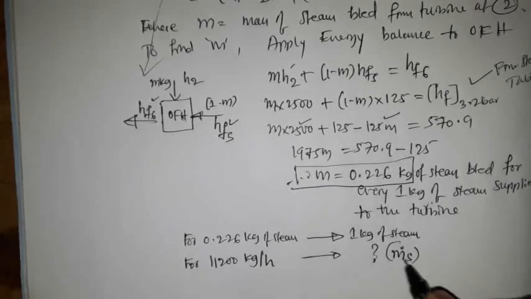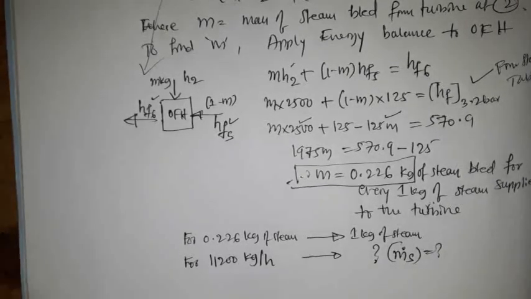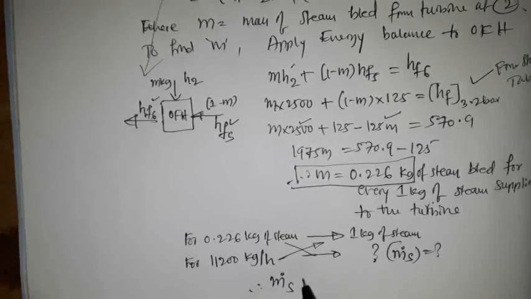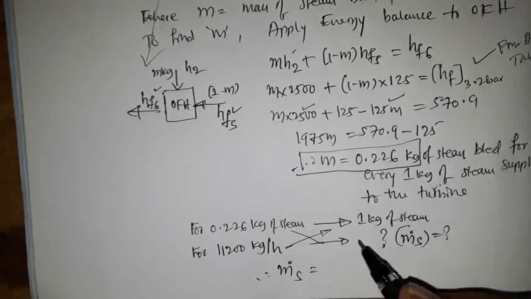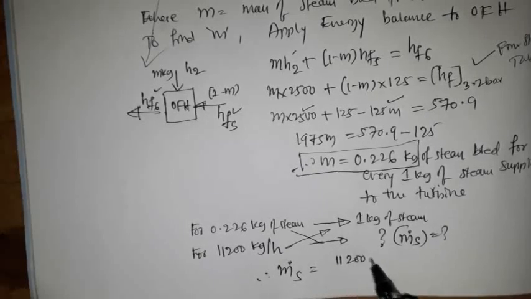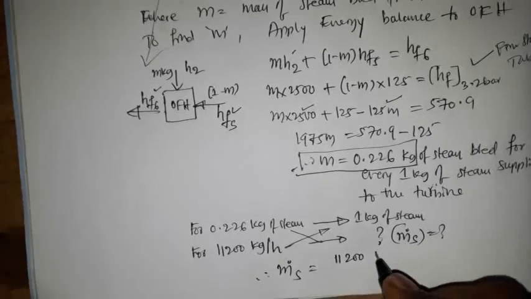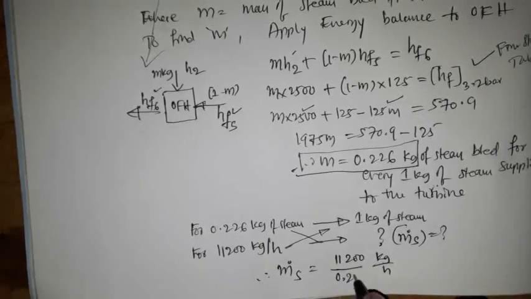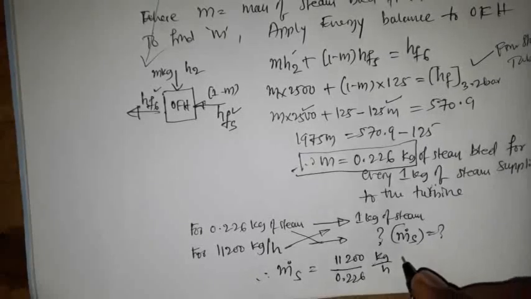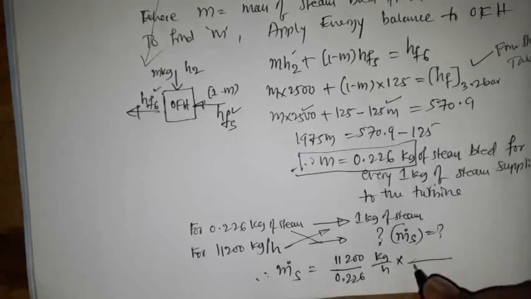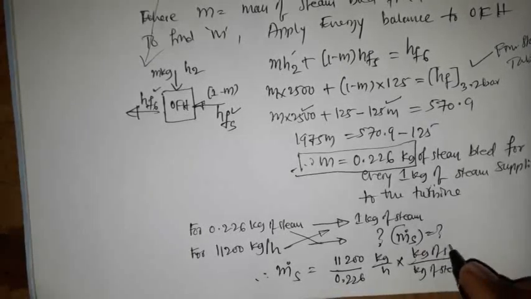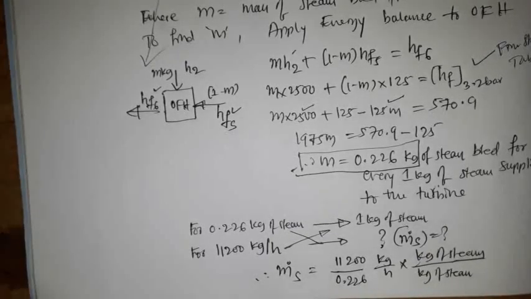That is the mass flow rate of steam, equal to question mark. If we apply cross multiplication, I can write m dot s is equal to 11,200 kg per hour divided by 0.226 kg of steam bled per kg of steam supplied to the turbine.